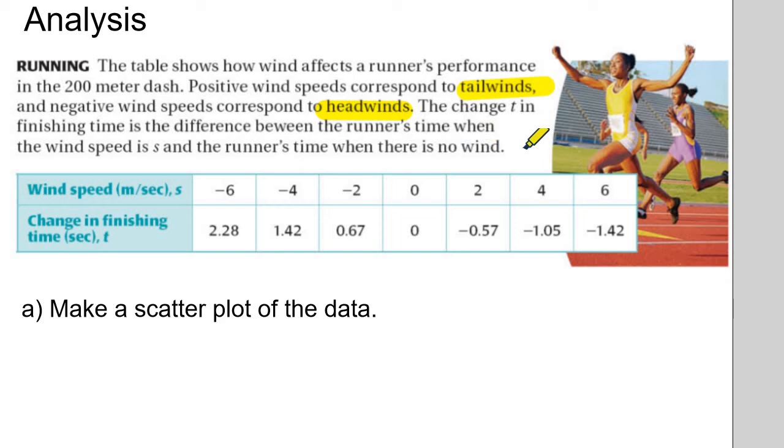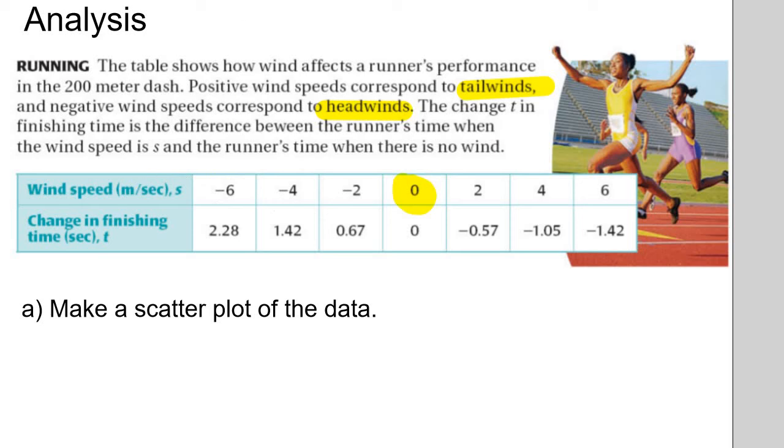A little tidbit of information: if the wind is too strong in races at the World Championships and Olympics, the runners are not allowed to race. Why? Because if the wind is too helpful, they could beat world records. And if the wind is hindering their performance, then they will never be able to win world records. Ideally, we want the wind speed to be at 0 meters per second.